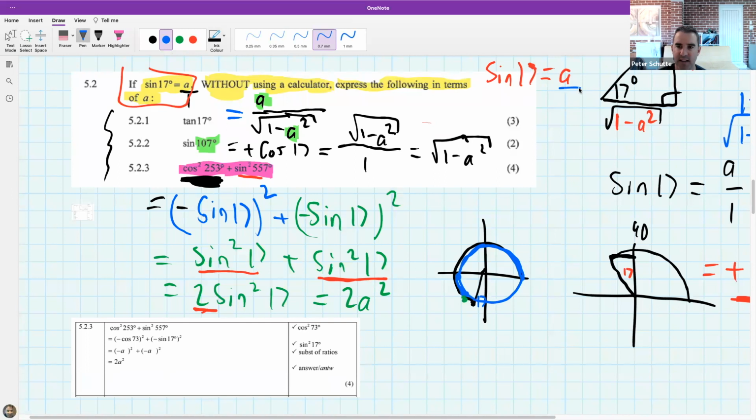But if I write a over 1, it's still a. And so now I have sine of 17 as a over 1. So this would be the x, and this would be the y, and this would be the r. Does that make sense? Okay. Yes, sir. Thank you.